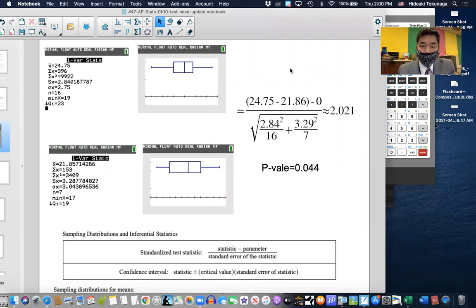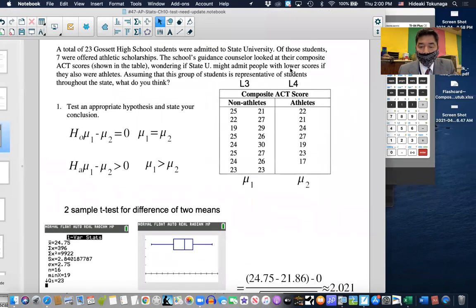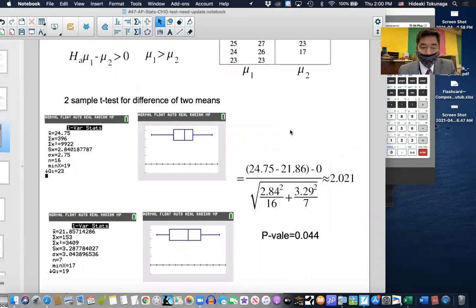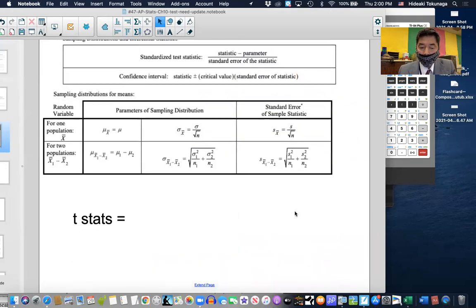There is significant evidence that the average of regular students is higher than the average of athlete students. Okay, so that's how you conclude.